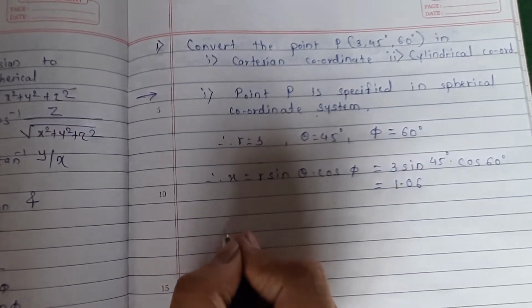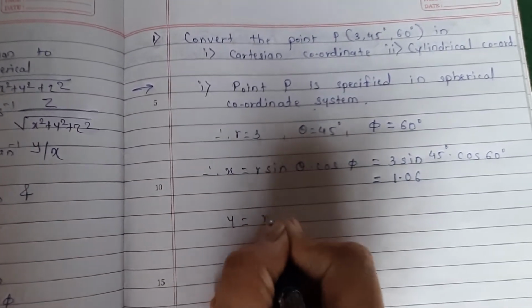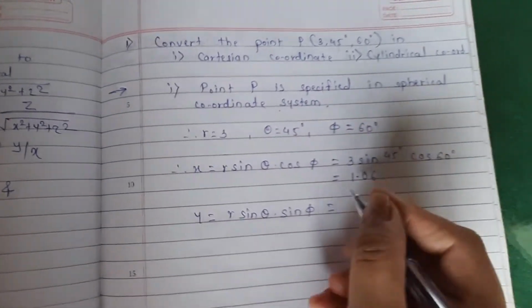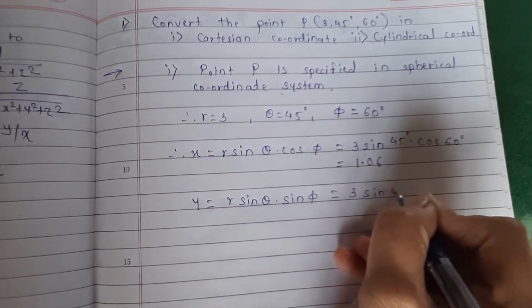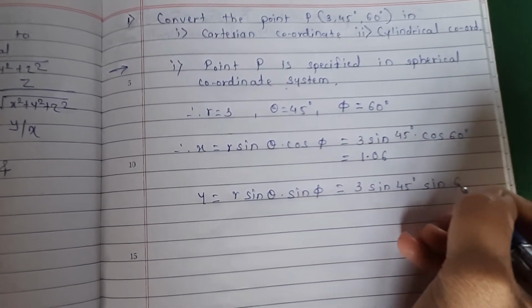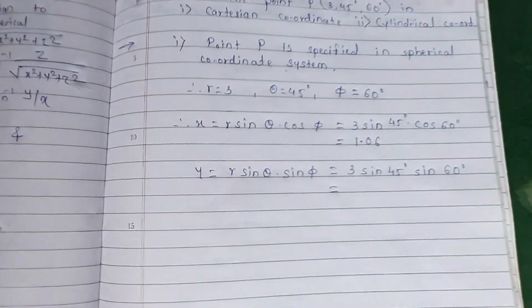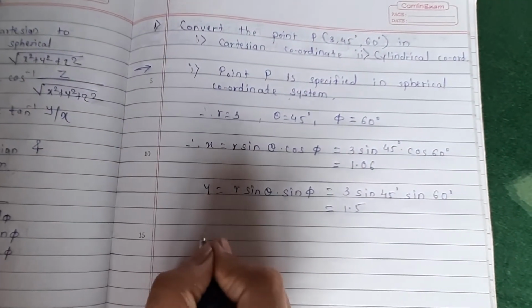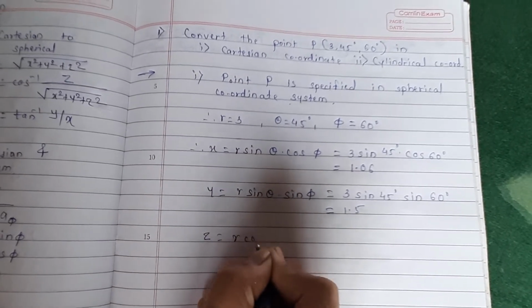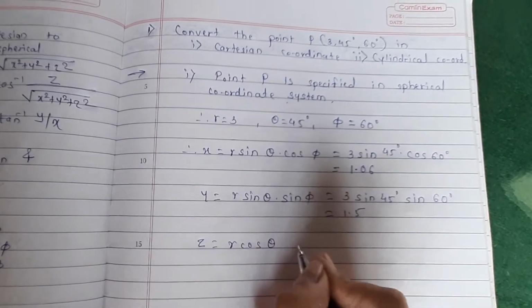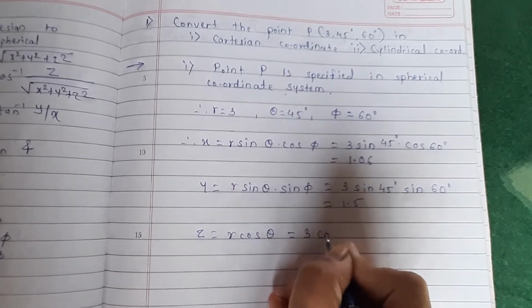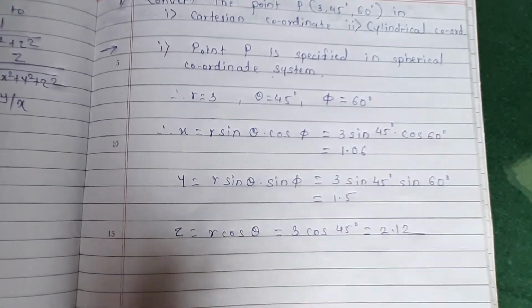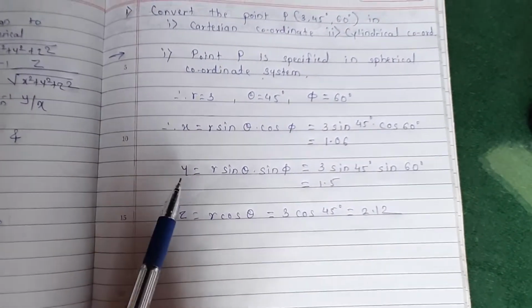Next is y is equal to r sin theta sin phi. So it is 3 sin 45 degree sin 60. The answer is 1.5. Next is z is equal to r cos theta. So the answer is 3 cos 45 degree, which is 2.12. So here we get the answers of x, y and z.